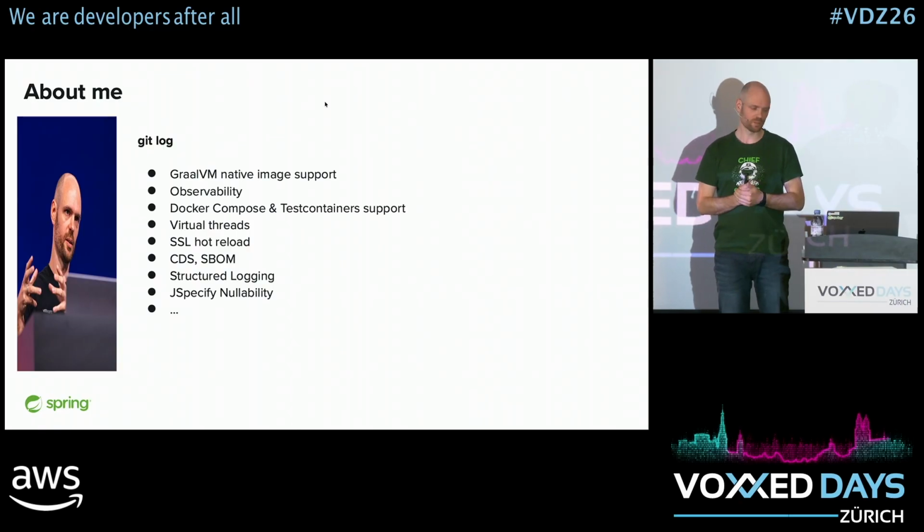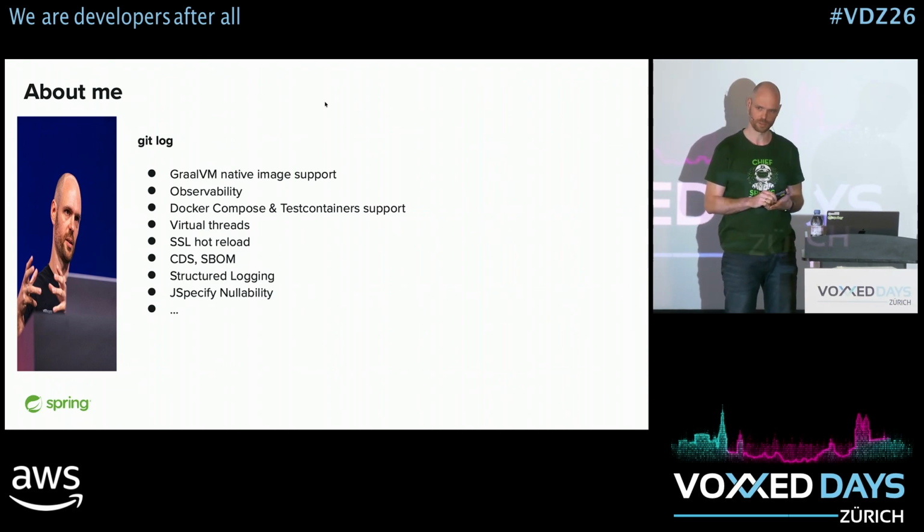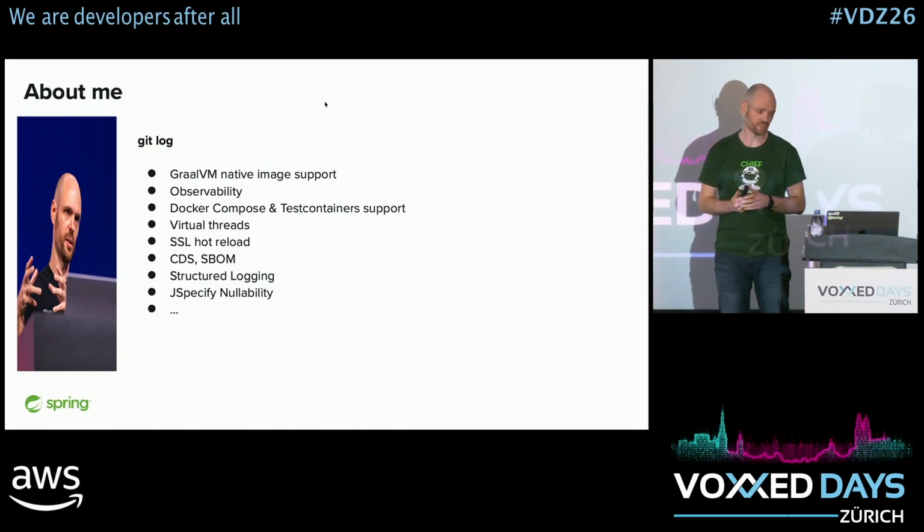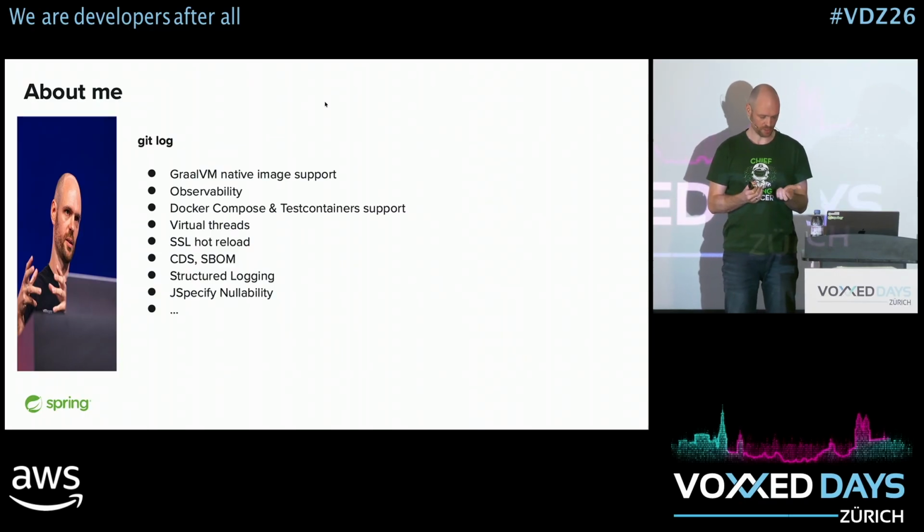So what I did work on in Spring Boot, I was hired for the GraalVM native image support. So I worked for the Spring Boot 3 release, primarily on GraalVM native image stuff. But I also did other features, for example the observability story with OpenTelemetry and Micrometer, Docker Compose and Testcontainers support.